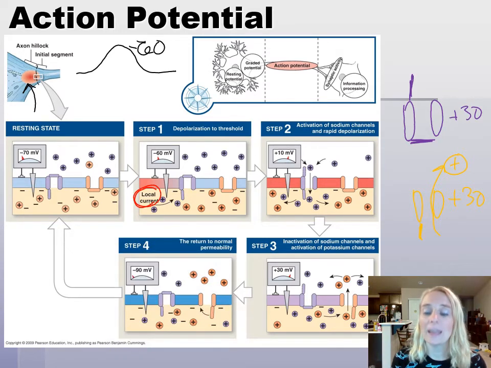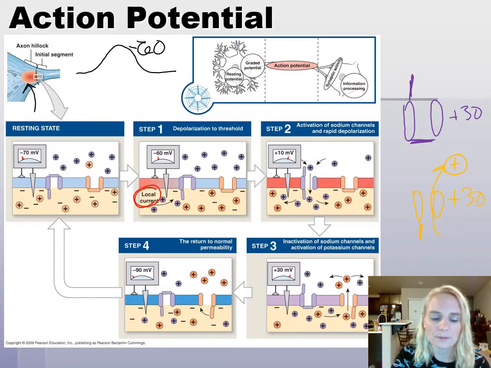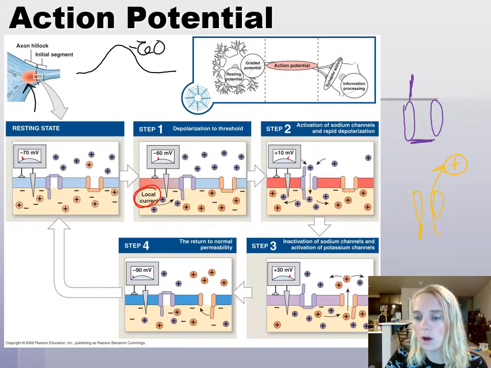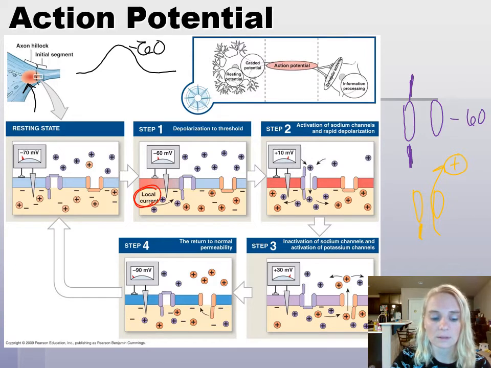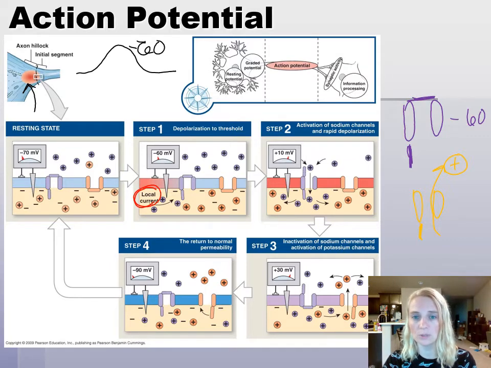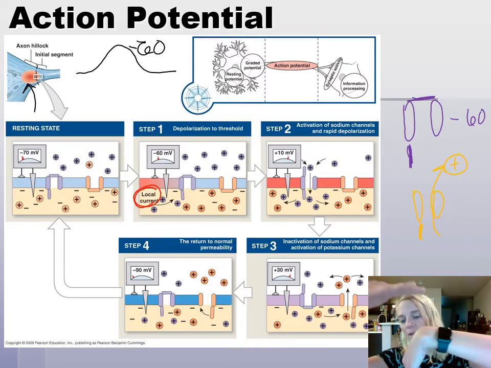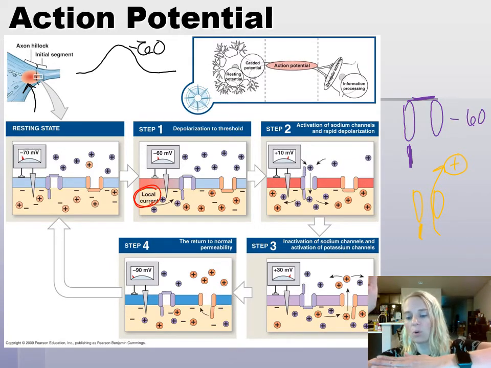Okay, and this gate here, right around -60. On our repolarization down spin, right around -60, which was our threshold value, the inactivation gate of the sodium channel opens and the activation gate closes, and they do it simultaneously, so no sodium is going to leak.